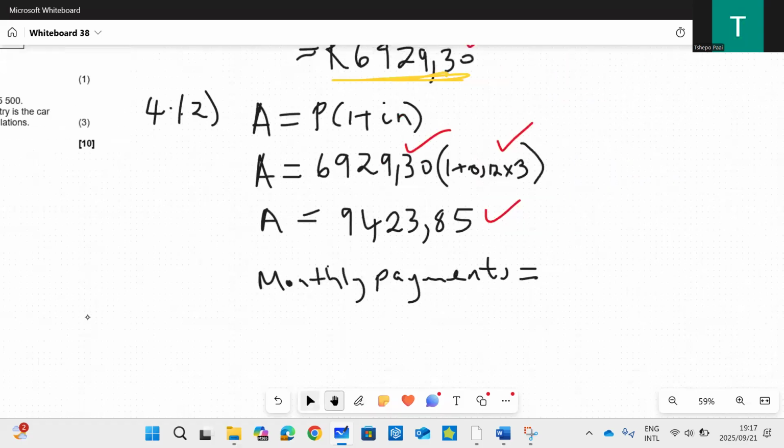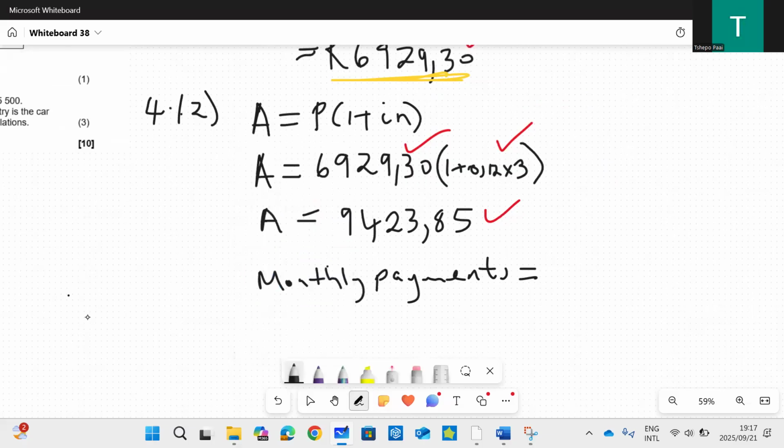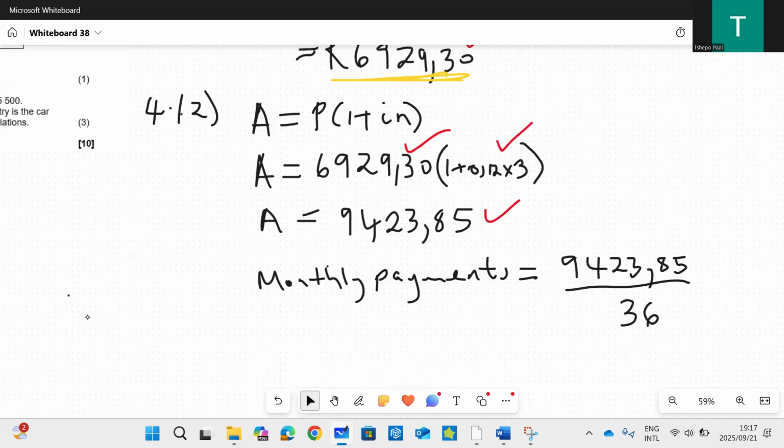Monthly payments will then be equals to, we must divide this amount into 36 months. It will be 9,423.85 divided by 36. Let us not forget something.